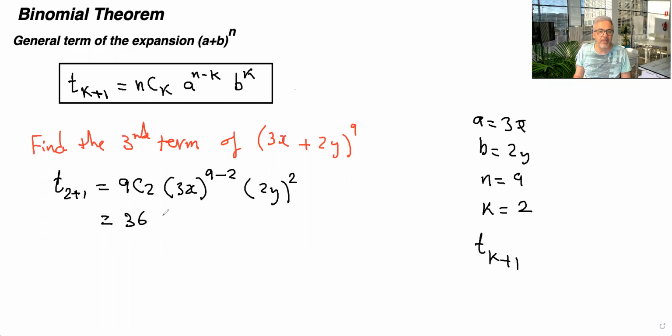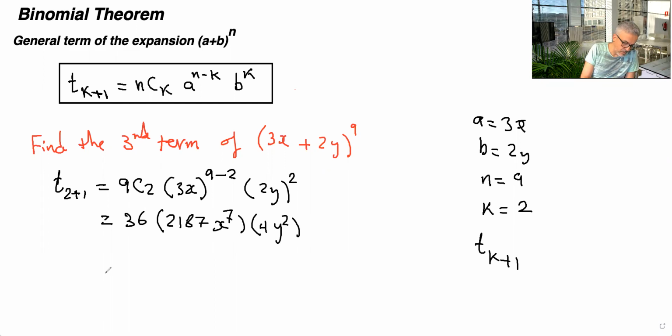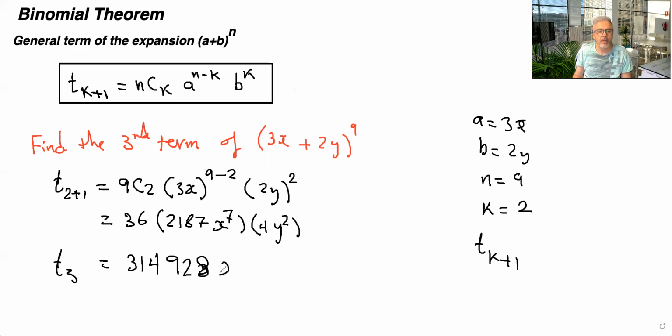So 3 to the power of 7 is 2187, and that's going to be x to the 7. And 2 squared is 4, and the y also will have the square. Now, times 4 times 36. So the third term here would be 314,928 x to the 7 y squared.